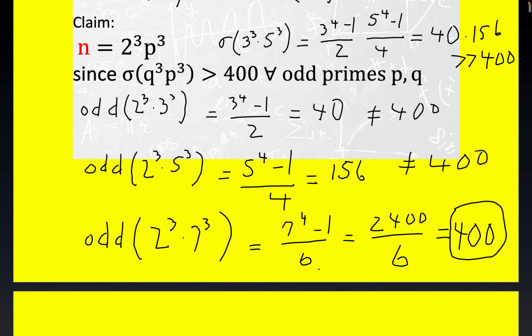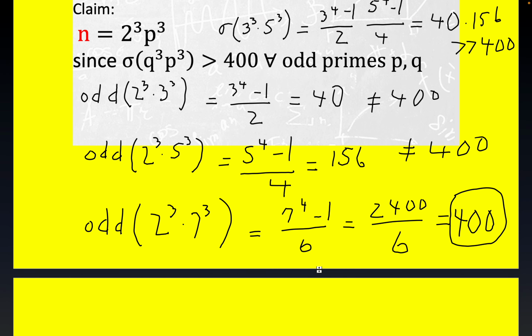If you want to know the number's value, 2 cubed times 7 cubed is 2744. So our magic number, 2 cubed times 7 cubed, is the only number in the entire universe that is a perfect cube, has 16 divisors, and has a sum of 400 odd divisors.